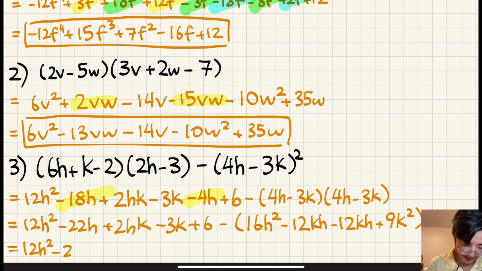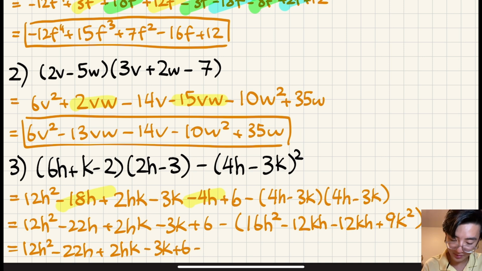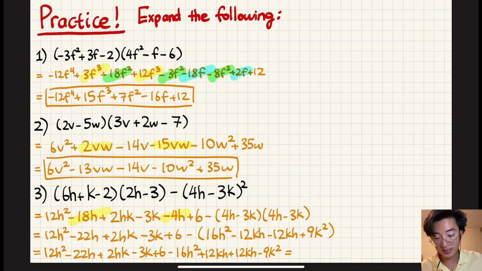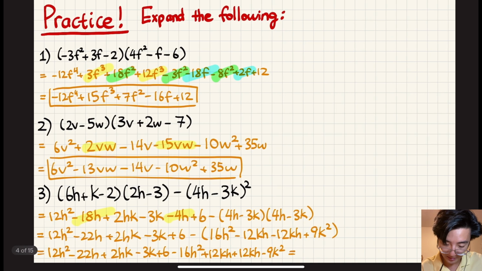So once again, didn't leave myself that much room, but that's okay. Okay, so we have minus 16h squared. And we know from inside the bracket here, minus 12kh minus 12kh becomes plus 12kh plus 12kh minus 9k squared, which means that when we combine all the like terms together, let's just highlight the like terms.